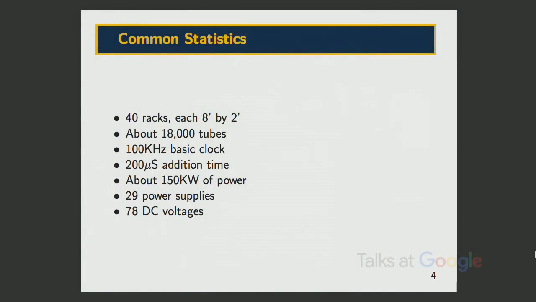We have these wonderful statistics that always get quoted. And the second one on that list, it had about 18,000 vacuum tubes. That was more than anything before it. In fact, when they first proposed the machine, they had proposed a slightly smaller version that would have about 5,000 tubes. The government folks went to the experts, mostly MIT, and said, "What do you think of this proposal?" And their response was, "There's no way that machine will ever run.